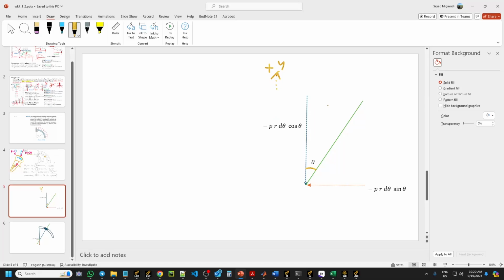And the x component will be PR d theta sine theta. So when you have a d theta, you cannot use a summation like this. You need to use the integral.